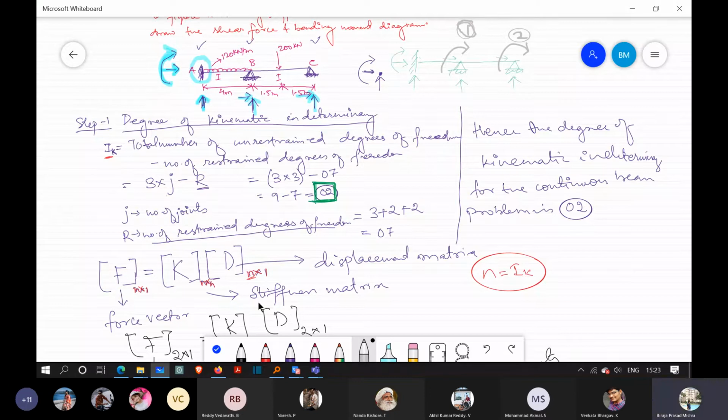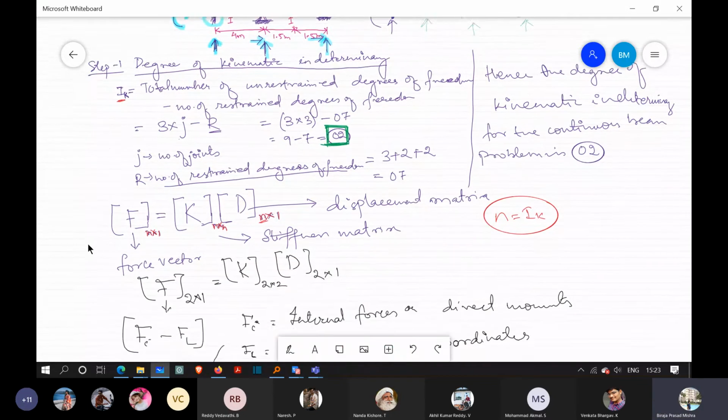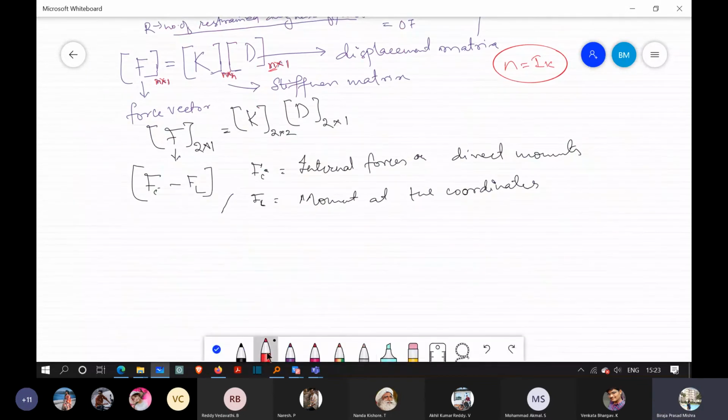Okay, so let us redraw that figure here.